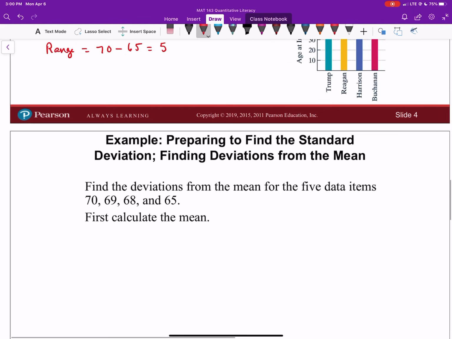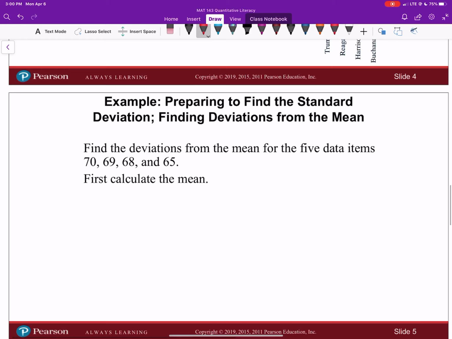So let's look at this. It says, prepare to find standard deviation. Find the deviations from the mean for the data items. First, calculate the mean. So x bar is equal to 70 plus 69 plus 68 plus 65, all over 4.